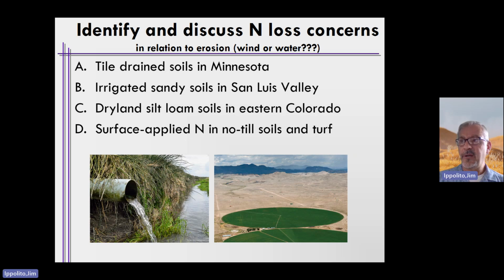So in this system, if you think about what you've learned with respect to the nitrogen cycle, it's also due to leaching, specifically nitrate leaching. This is a coarse textured soil. It takes less water to fill the pore space, and thus water can move readily downward through the profile, carrying nitrate with it.